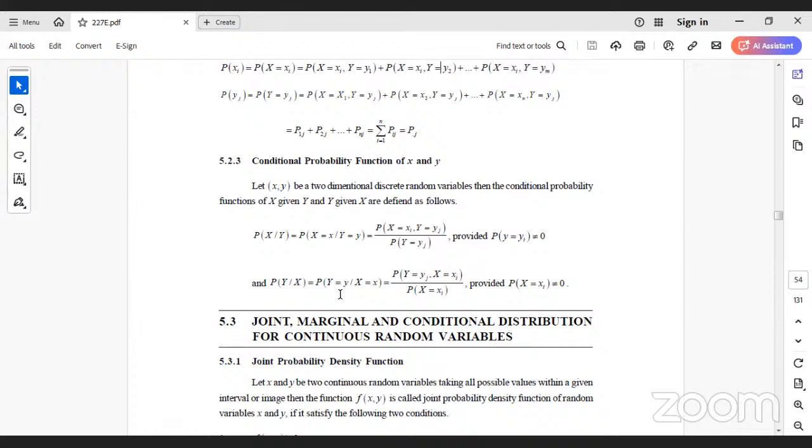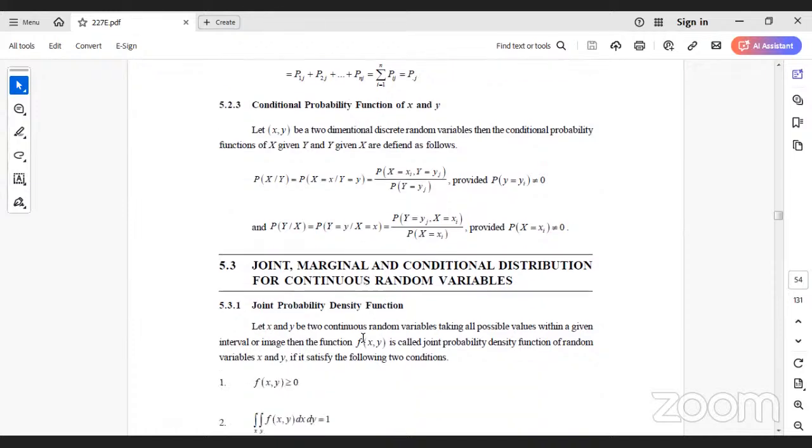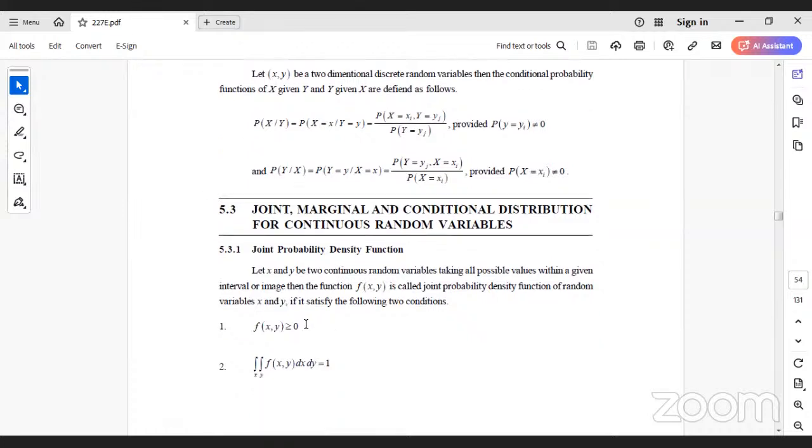Similarly P(Y = yj | X = xi) is P(Y = yj and X = xi) divided by P(X = xi), provided P(X = xi) is not equal to 0. If the denominator is 0, we cannot find the value. If the denominator is not equal to 0, then we can find the value.